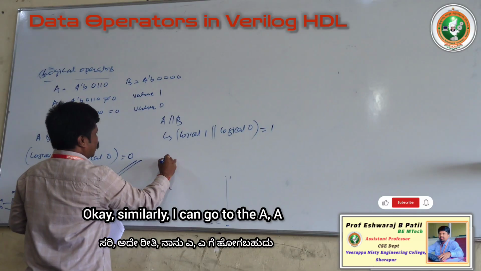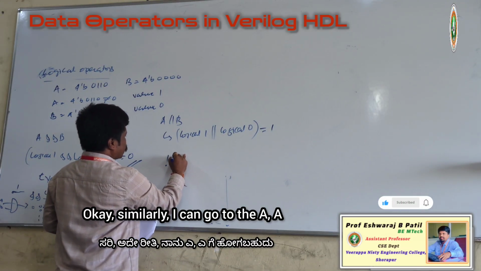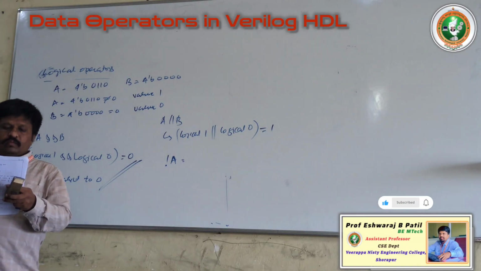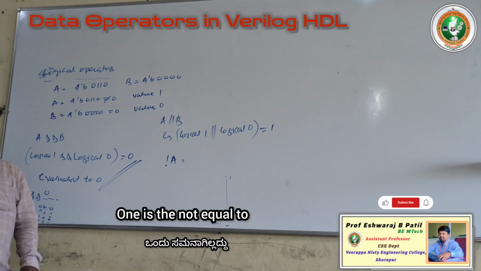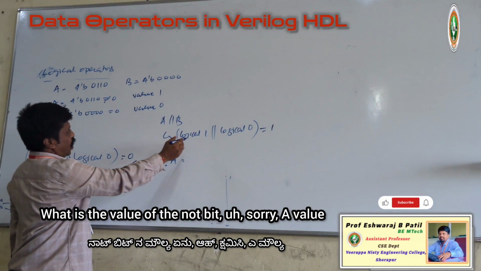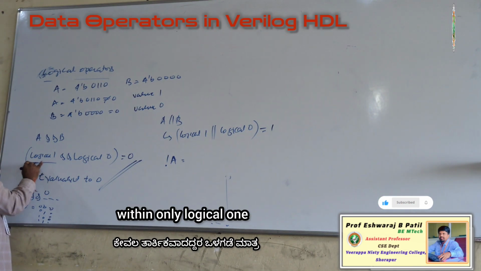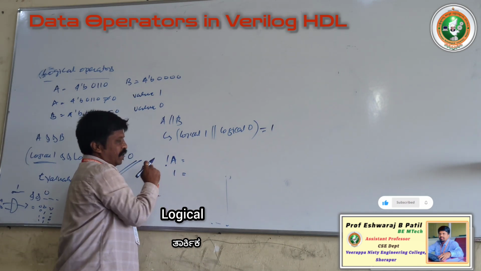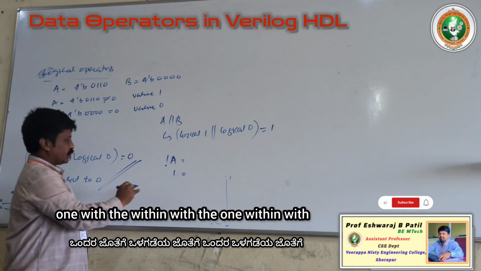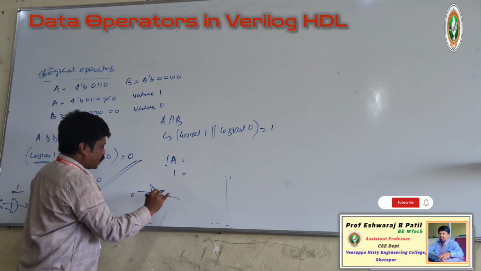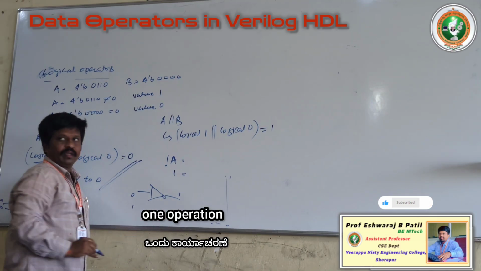Okay, similarly, I can go with NOT A. What is the value of A here? 1. What is the value of NOT A? Logical 1 means what happens here? If A is 1, NOT A becomes 0. If A equals 0, it becomes 1. If it is 1, it becomes 0.